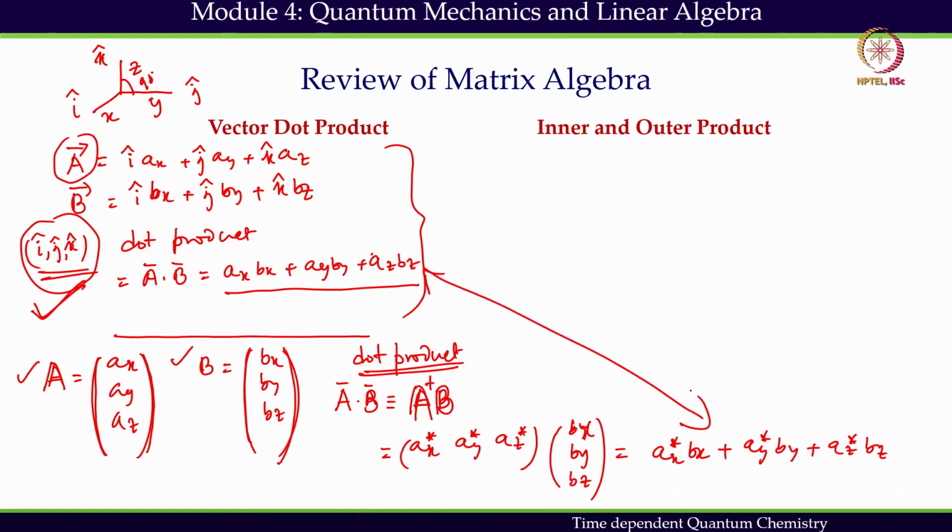So, the dot product has to be done this way in the matrix form, and the length of the vector is called the norm of the vector, and the norm is represented by the following. The norm is actually the length of the vector.